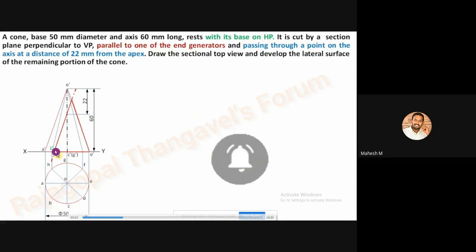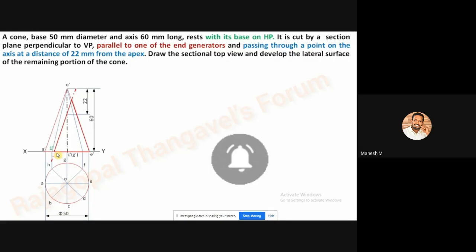So you have to project up to this end point, and also remove this particular portion, the left portion of your section line. This one is 1 dash. We can't tell on which plane 1 dash lies, or where exactly it falls, so you have to project this up to your top view.